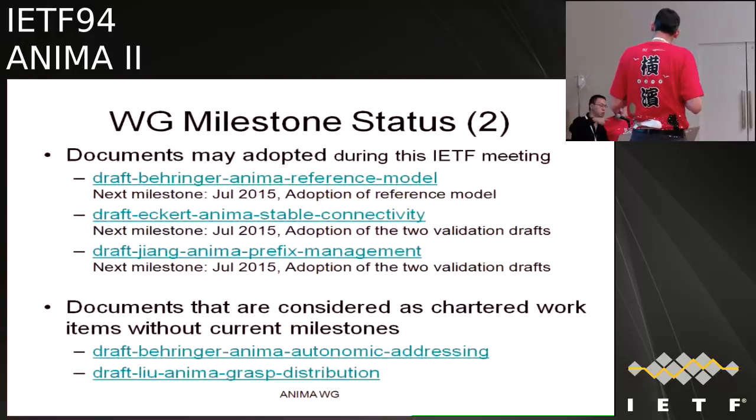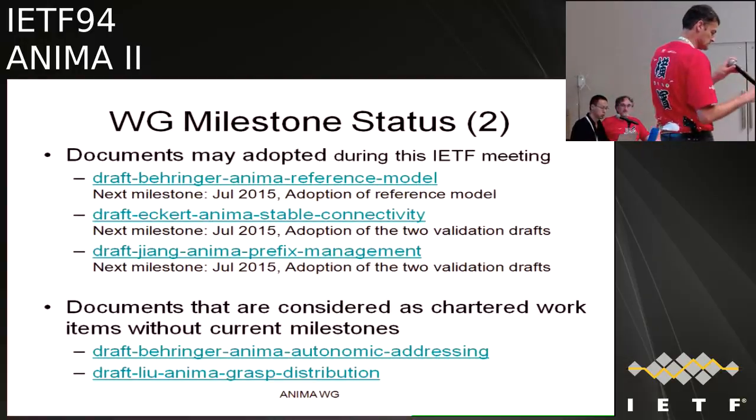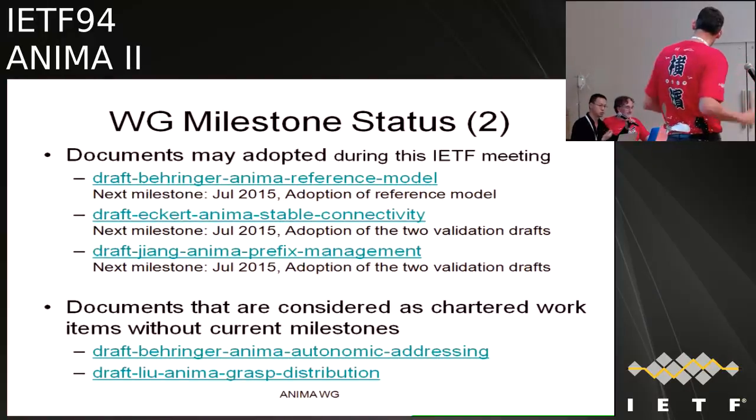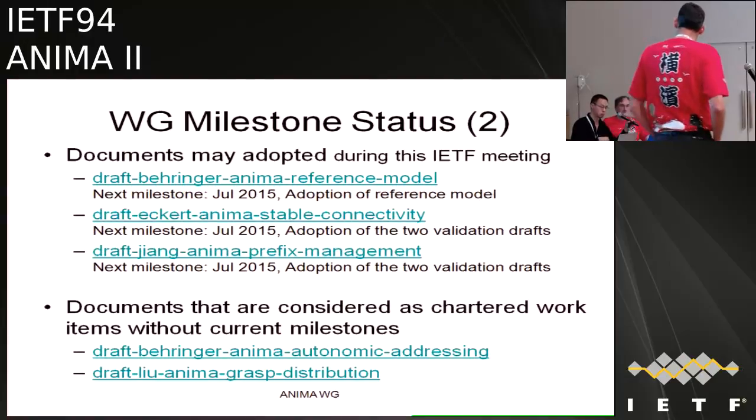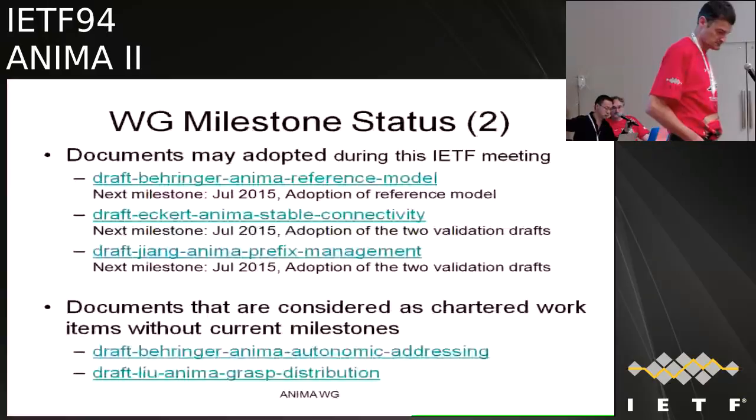We are going to ask some chair questions now. We intended to ask all those chair questions together, to save time. As this current slide shows, we are planning to adopt three individual drafts in this meeting.